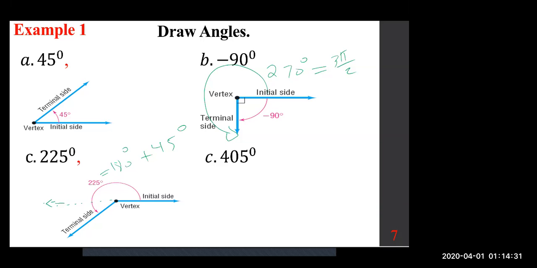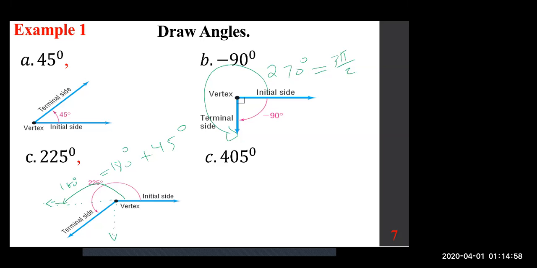If you know this is 180, then you go further by 45 degrees, halfway between 180 and 270. And remember, this is 270.